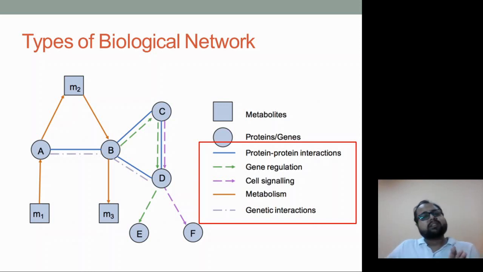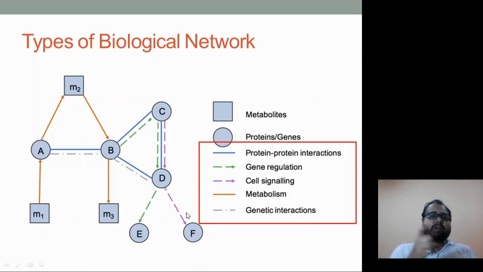So that's why there is a need for the arrow, the direction to it. Your third type of network is your cell signaling network. So all your signaling pathways, be it your proteins, be it your genes, whatever. So this is your cell signaling pathway.